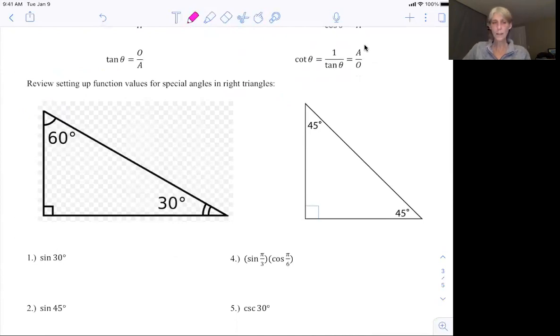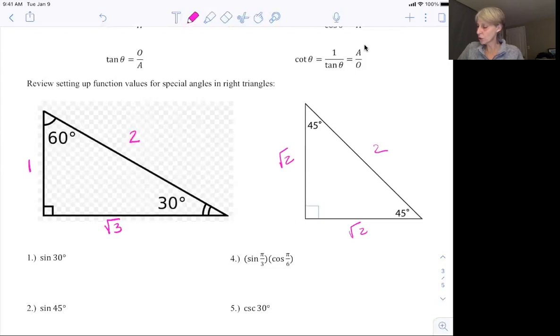For a 30, 60, 90 triangle, the side length across from the 30 is 1. The hypotenuse is 2. And across from the 60 is rad 3. This is a ratio you learn in your geometry class and you talk about again in your algebra 2 class. On a 45, 45, 90 triangle, our ratios are 1, 1, and rad 2.